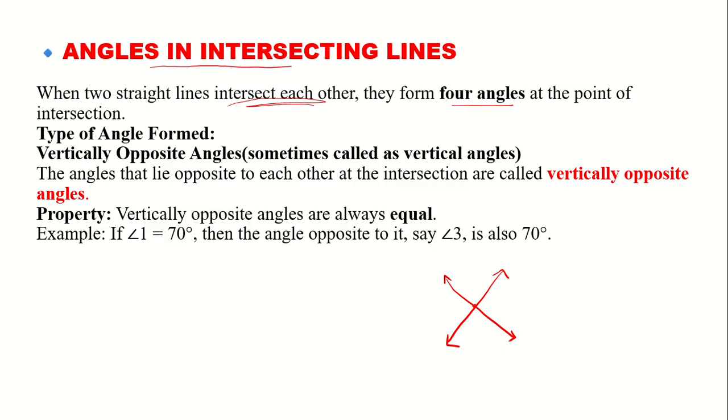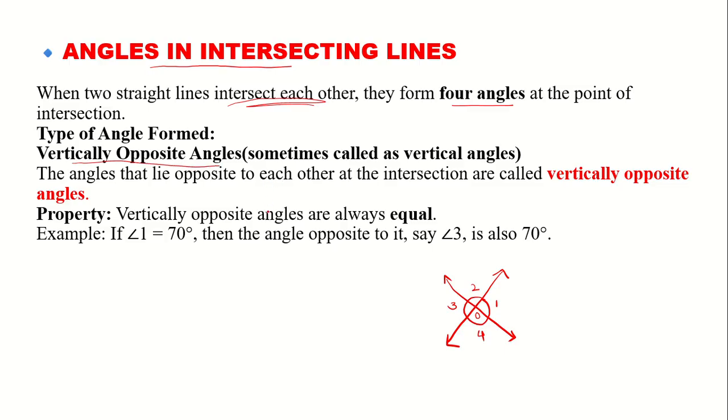This is the point of intersection O, and it is forming four angles. This is angle 1, angle 2, angle 3, angle 4. Whenever two lines intersect each other, they form four angles. So, in this, one special type of angle is formed. It is called the vertically opposite angle.